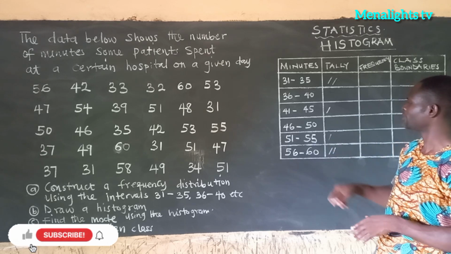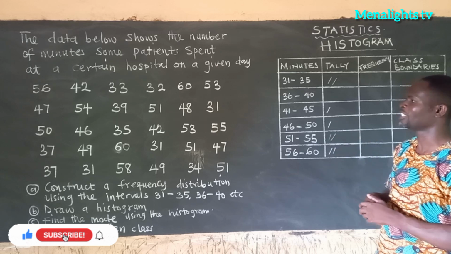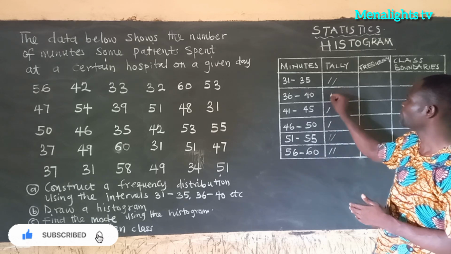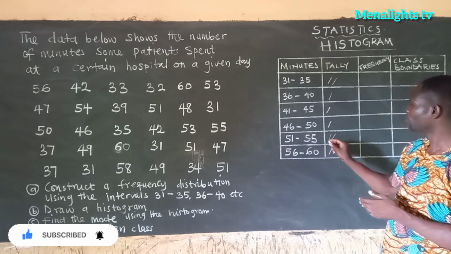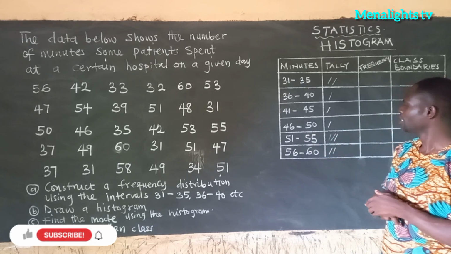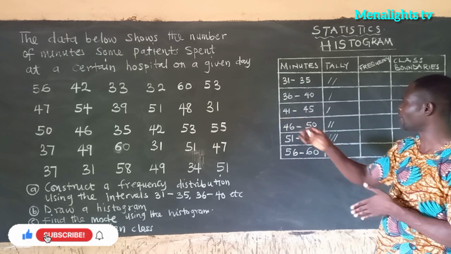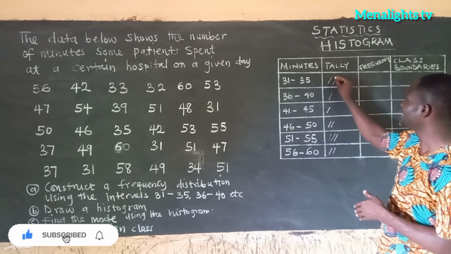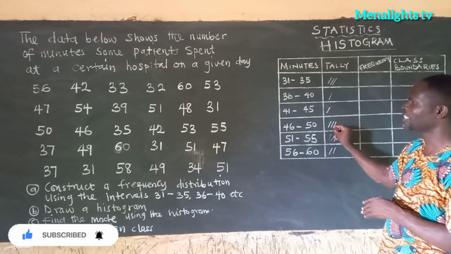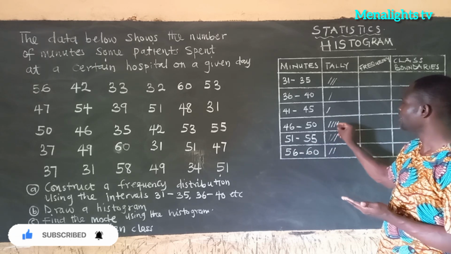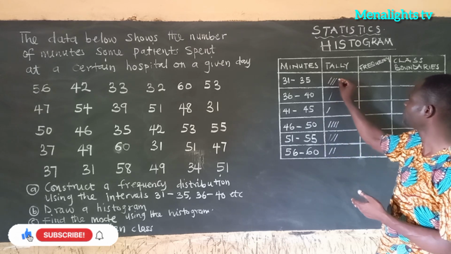Then we have 47, so our 47 is here. 54, we have it here. 39 is between 36 to 40. Then we also have 51, which is from 51 to 55. Then you have 48, so 48 is here, 31, and our 31 is here as well. Then from there you have 50, 50 is here, then 46 is here, 35, so we can locate the 35 here.